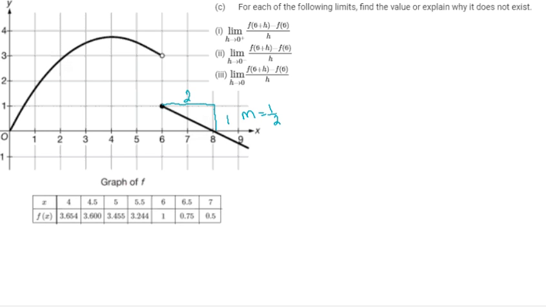So since we have a slope of 1/2, that limit equals 1/2. And again, just to be clear, we want to say that is the slope of that linear portion. And of course, that is a negative slope there.